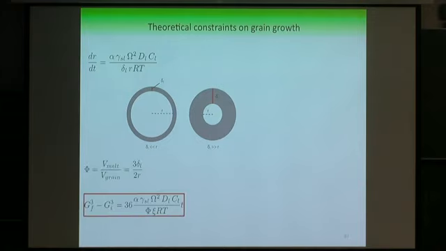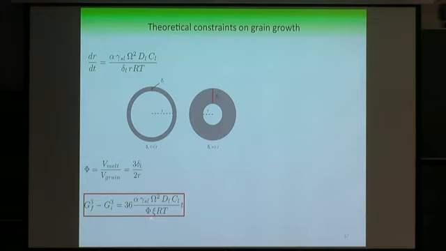Now, in this case here, the melt fraction is the volume of melt over the grain volume, right? And so it becomes a function of grain radius and liquid width. And so we get this kind of equation where we have a grain size exponent of 3 and the melt content here.